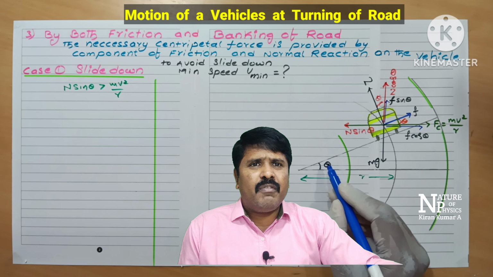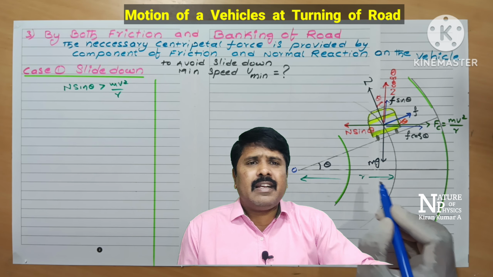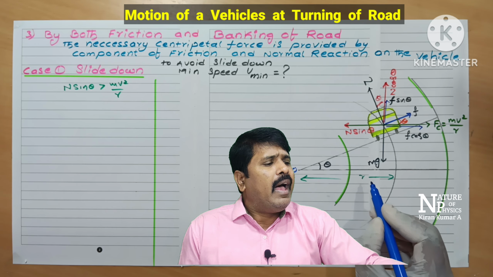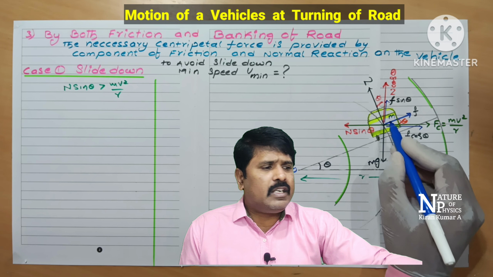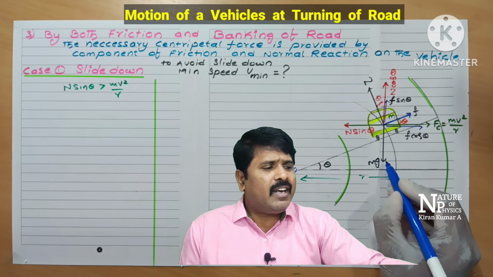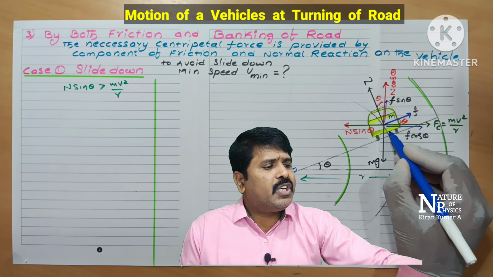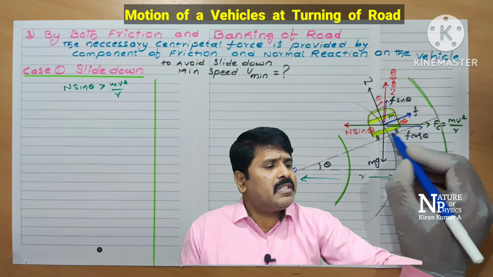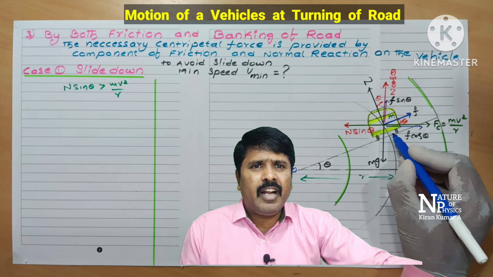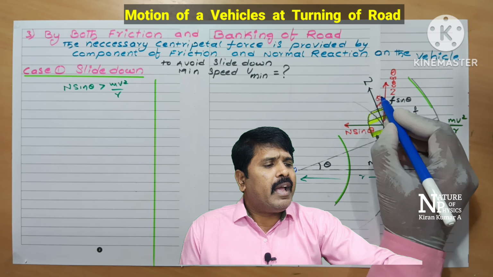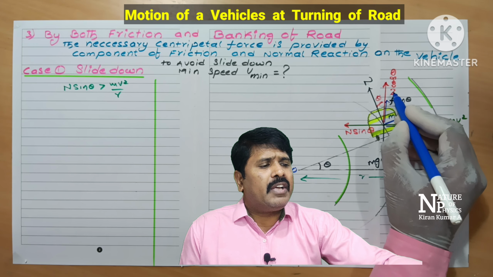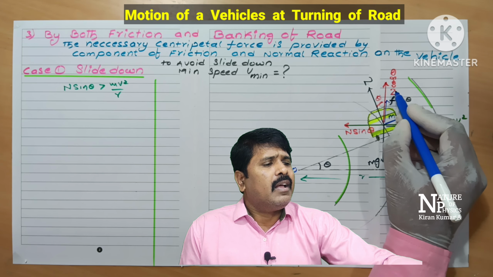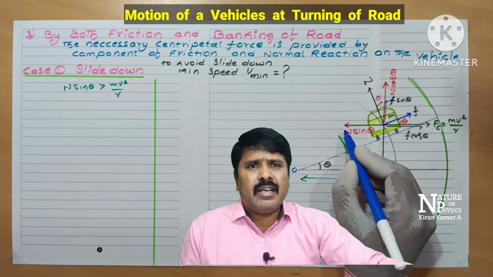Theta is the angle of banking of the road, O is the center of the circular road, and m is the mass of the bus. Downward, mg is acting, and the normal reaction is perpendicular to the surface, that is, perpendicular to the inclined plane, making an angle theta with the vertical. The normal reaction resolves into two components, N cos theta and N sin theta.